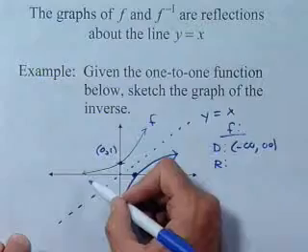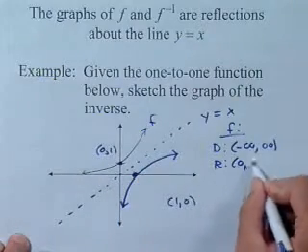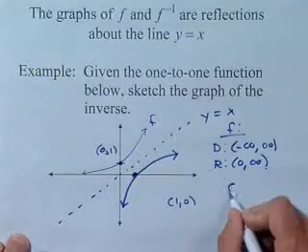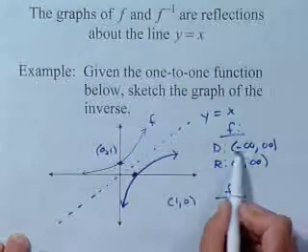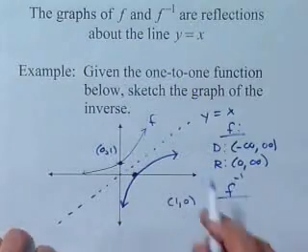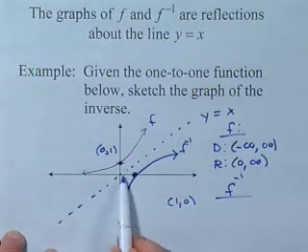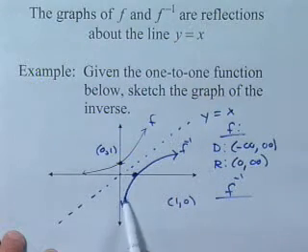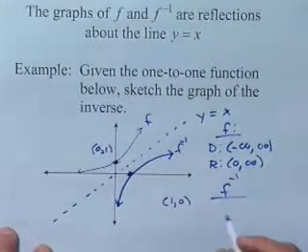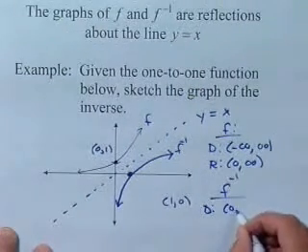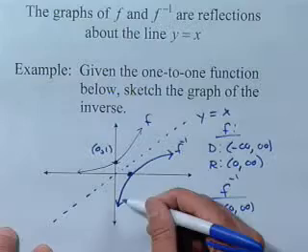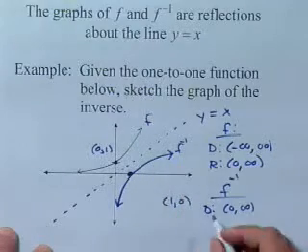So the range is from 0, not including 0, to infinity. Well, since we know this, we automatically know the domain and range of the inverse. Notice the domain is 0 to infinity. It's never going to quite touch the y-axis. And the range is negative infinity to positive infinity.